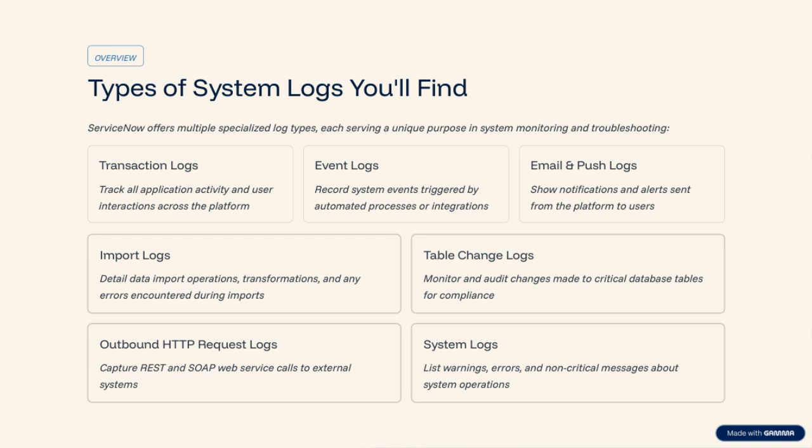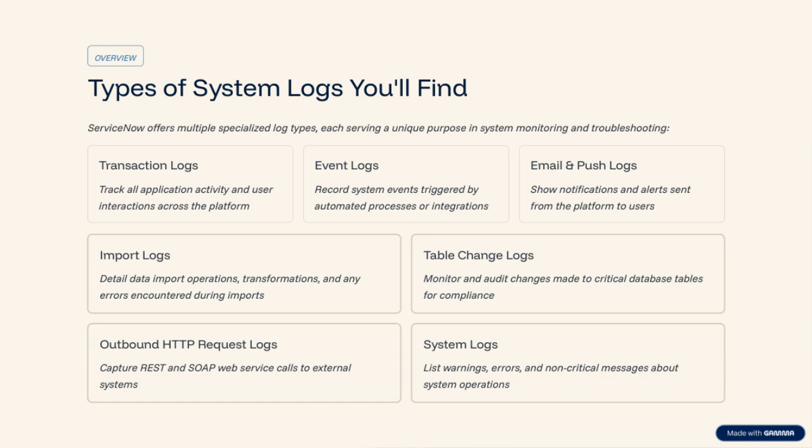Then we have table change logs, which monitor and audit changes made to critical database tables. This is key for compliance and understanding data modifications over time. The import logs detail data import operations, including any transformations or errors encountered during the process. These logs help us troubleshoot issues with data loads. We also have email and push logs, which show notifications and alerts sent from the platform to users. This helps us verify that communication is happening as intended. Event logs record system events triggered by automated processes or integrations, giving us insight into system activity and automation flows.